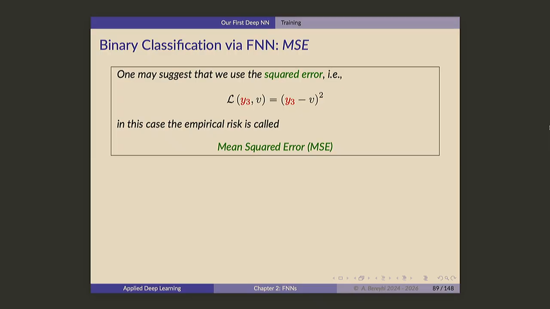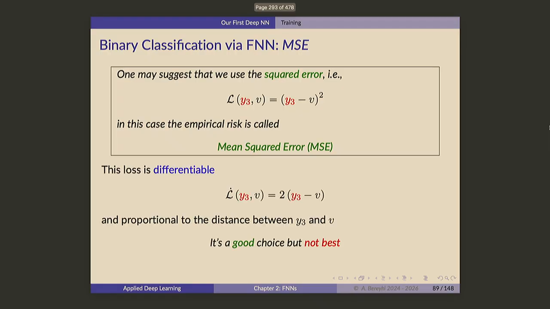You can take the derivative of this with respect to the argument, which is y3, and it is going to be 2 times the bracket, y3 minus v. It has a gradient. Everybody is happy. Everything's cool, no issue.